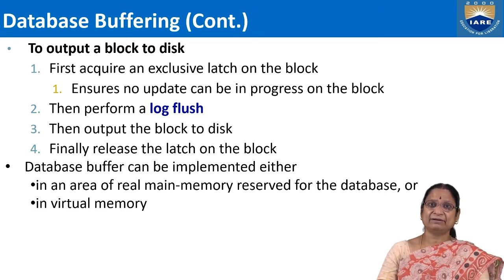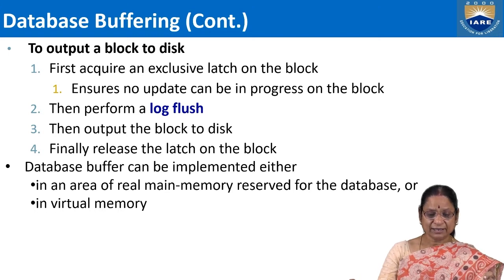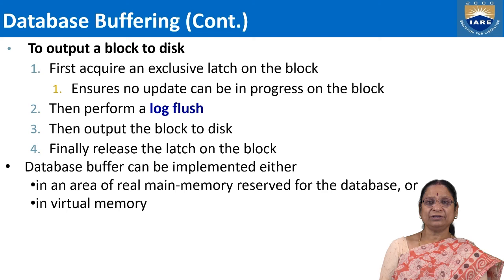At that time, no updation is going on. Then perform a log flush. Log flush means all log records must be transferred to the stable storage. Then output the block to the disk. Finally, release the latch on the block. Once it is output, you can release it.